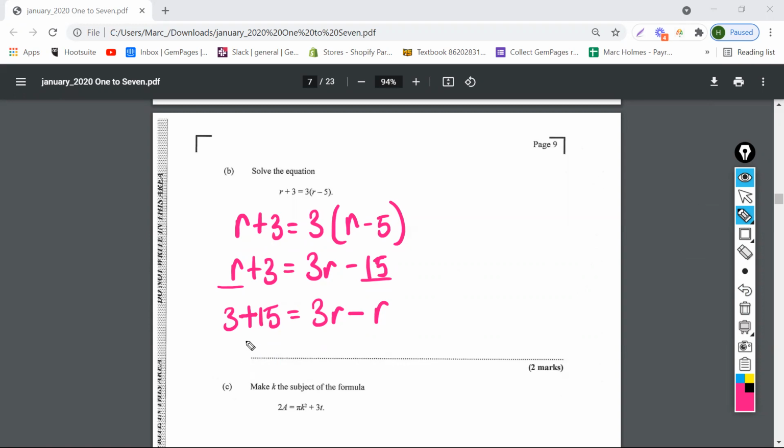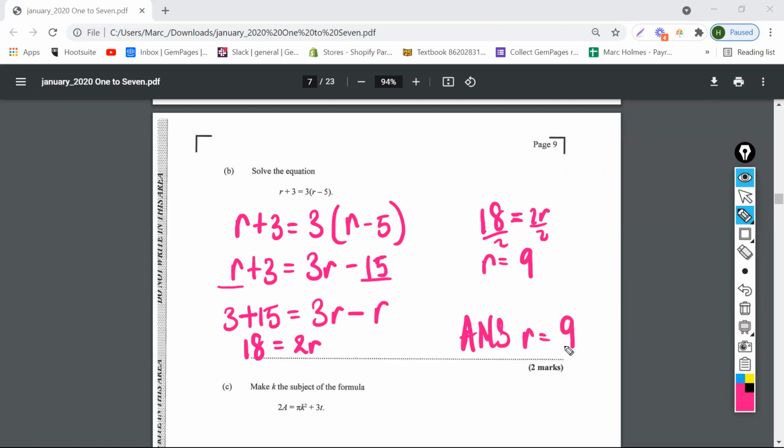So I'm supposed to have 18 is equal to 2R. And since 18 is equal to 2R, R is equal to 9, right? If I divide both sides by 2, R is equal to 9. So this one is easy. The answer is R is equal to 9.